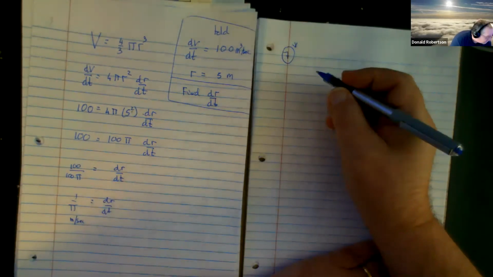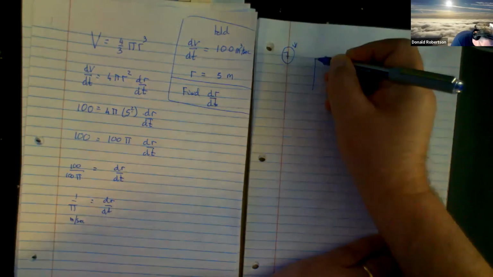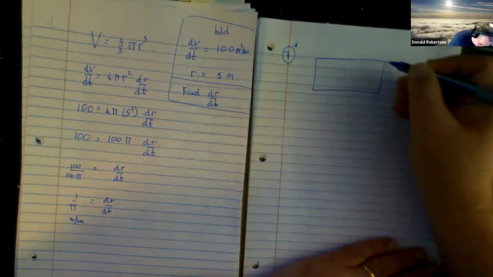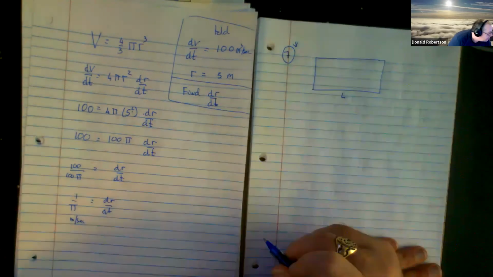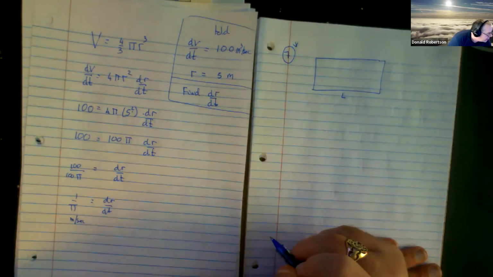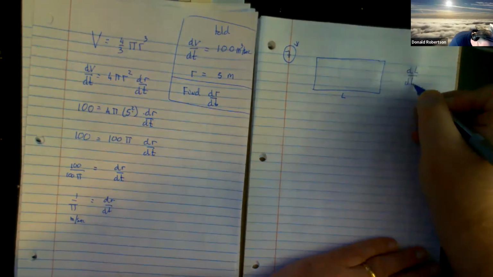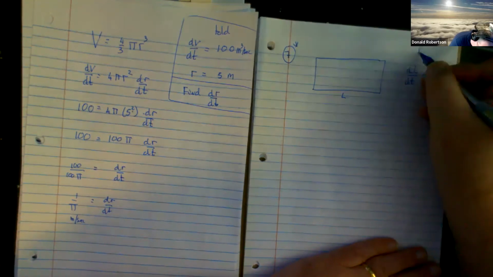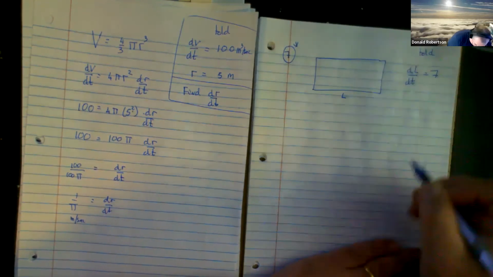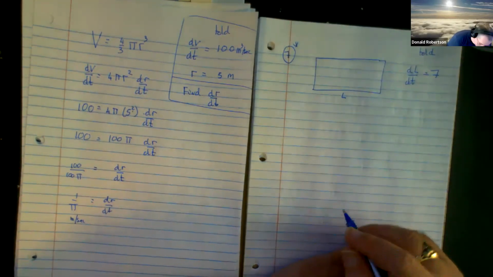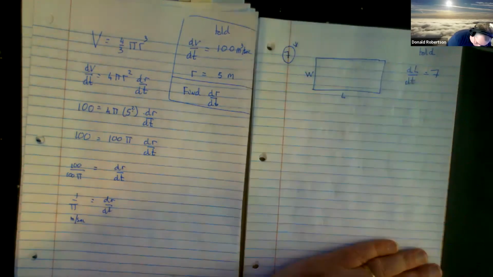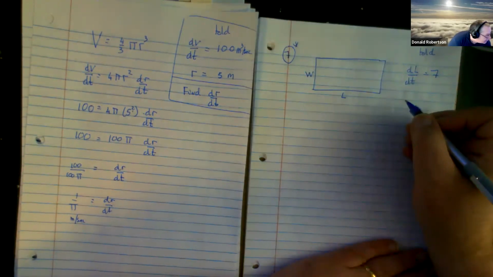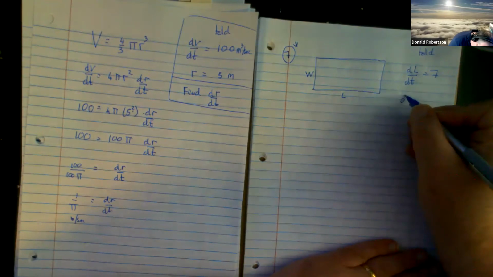The length of a rectangle. So I'm a visual person, so I'm going to draw this thing. The length of a rectangle, there you go, is increasing at the rate of 7 centimeters a second. So you've just told me that dl by dt is 7. So that's the things I'm told. Its width, I'll call that W, is increasing at the rate of 3.